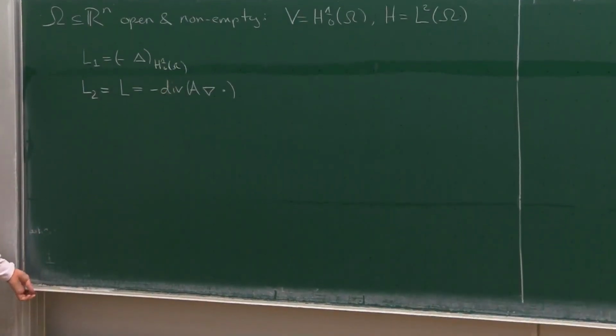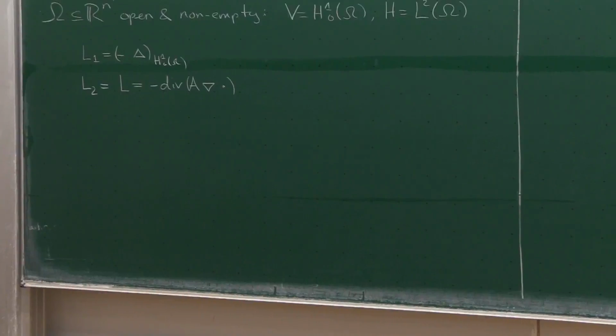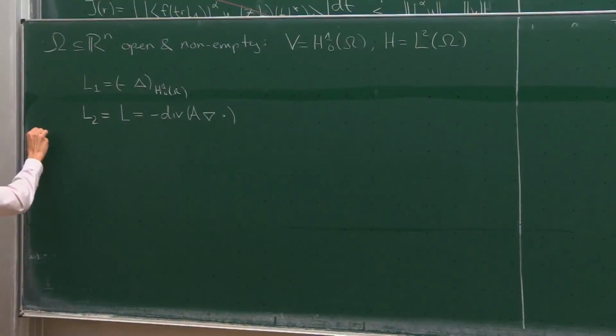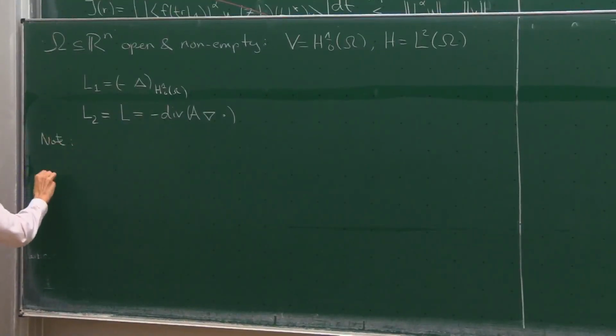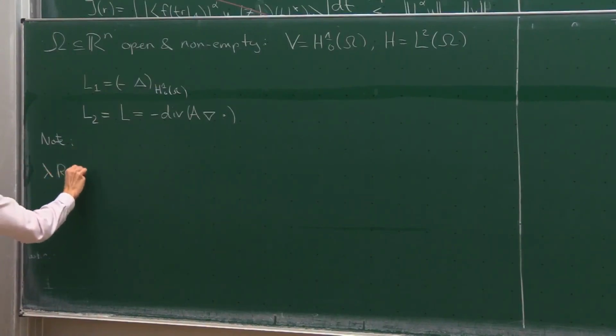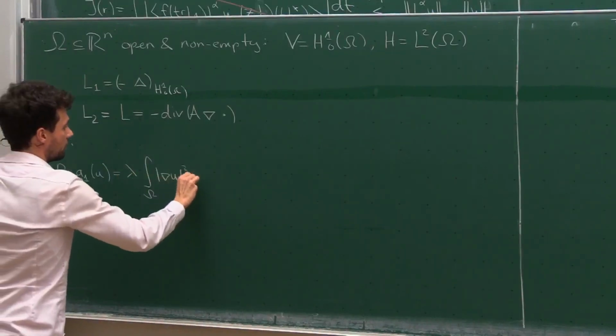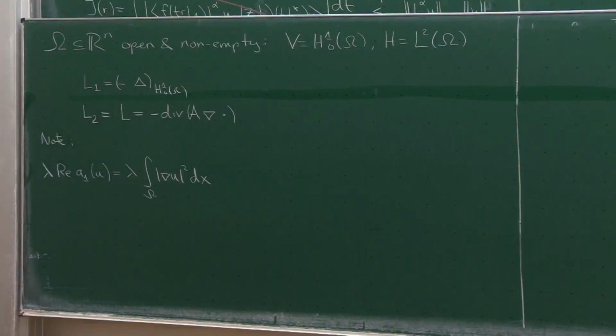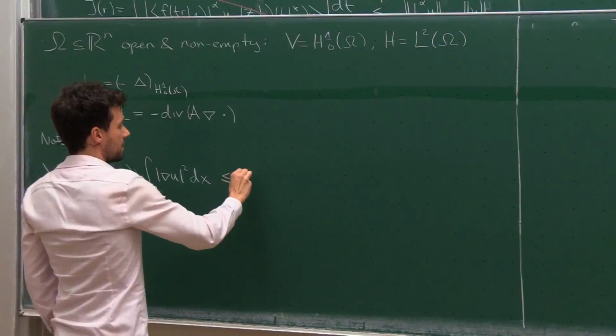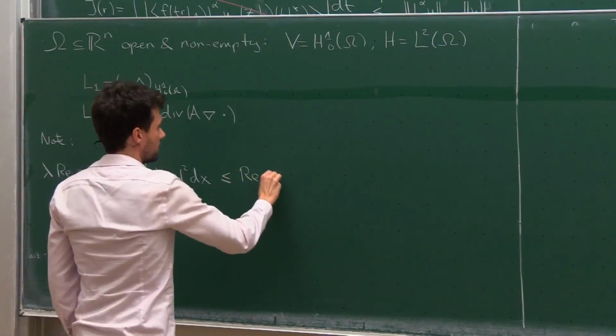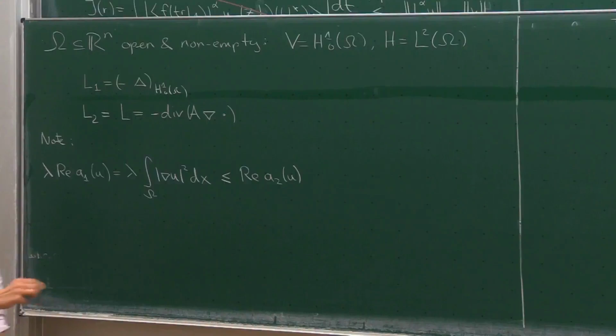Okay? And then I claim that I can apply Kato's result to these two operators. Because lambda times the real part of the quadratic form for the Laplacian, this is just lambda times the integral of the gradient squared. But now ellipticity tells me that this is less than the real part of A2 of u.